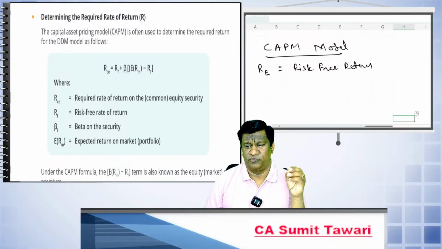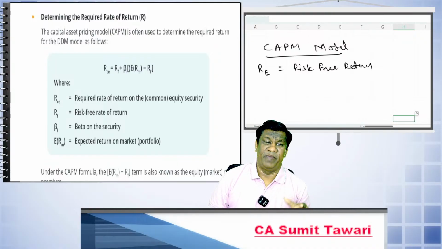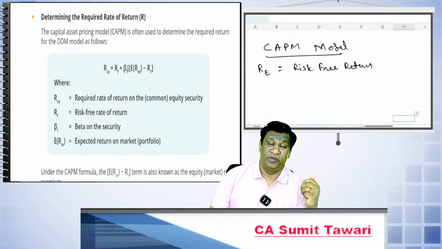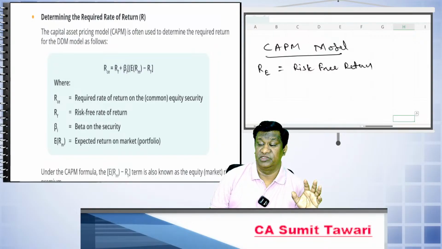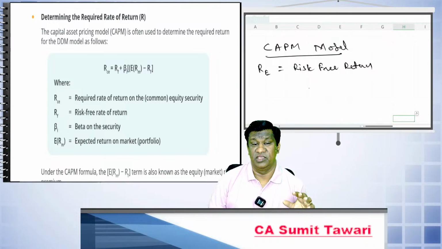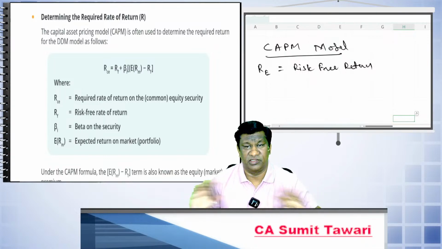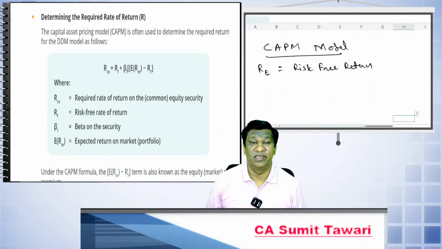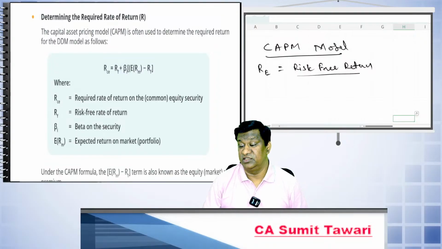In fact, if you deposit in a bank, the bank may go bankrupt or may not be in a position to refund your deposit, but when you invest in government securities, particularly when the government is giving insurance for those securities, whatever return they are giving is my risk-free rate of return. So you just invest and forget, you are not taking any single risk. So whatever the amount you are getting, that is basically the risk-free rate of return plus.